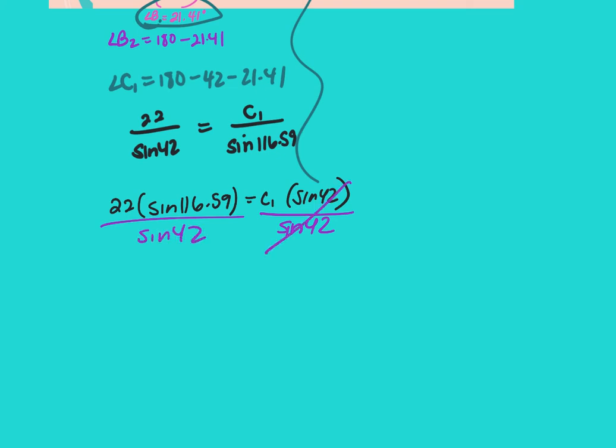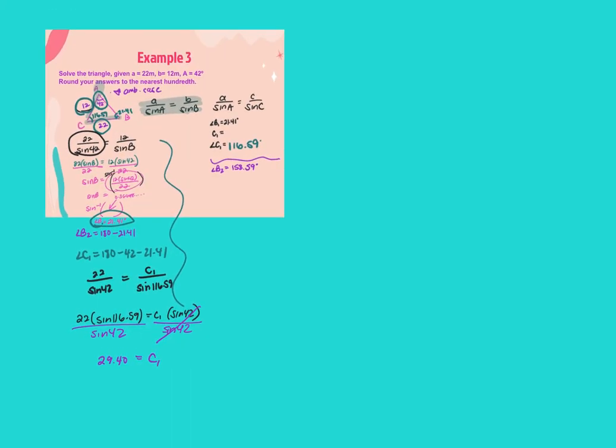So side C1 is equal to 22 times the sine of 116.59 divided by the sine of 42. And I get side C1 is 20.40, which would be this last side. So I completed triangle 1.